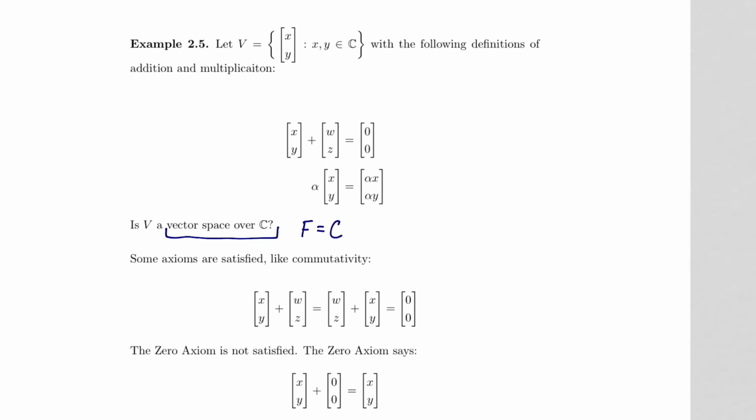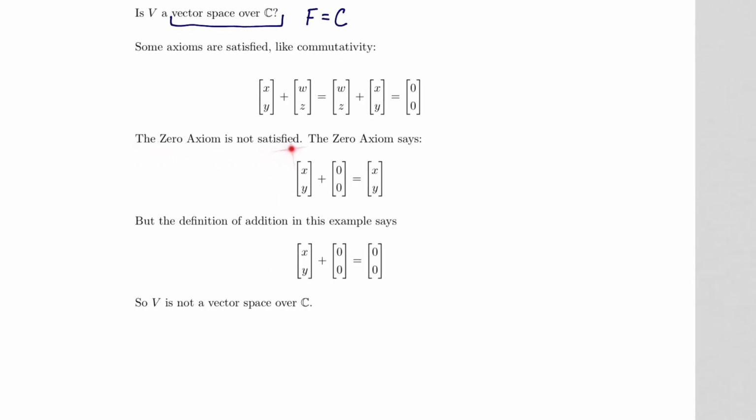or you get to the end and you find that they are all satisfied. In this particular case, lots of axioms are satisfied, like commutativity. xy plus wz is equal to wz plus xy. If I just change the order here, they're equal. Why? Because this is 0 and this is 0. The sum of every pair of vectors is 0. If you get down to the zero axiom, though, you'll see that it's not satisfied.